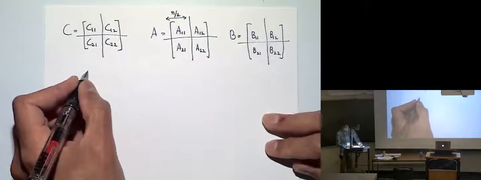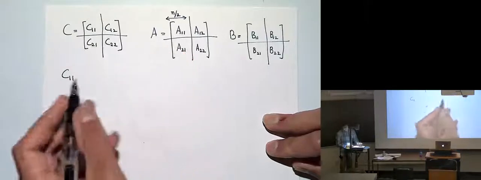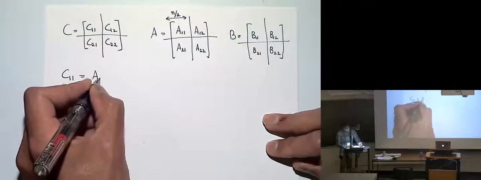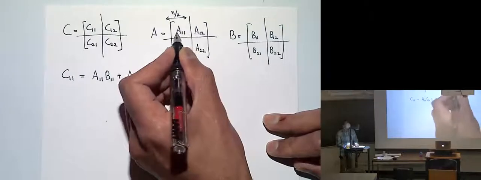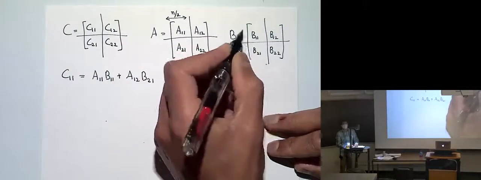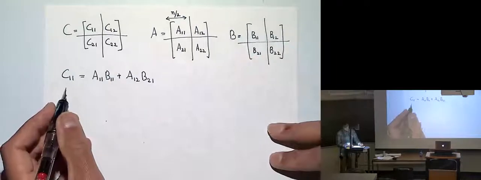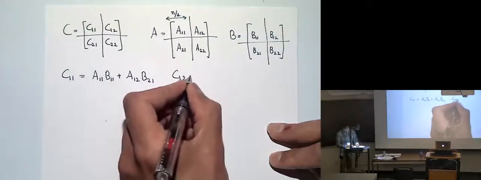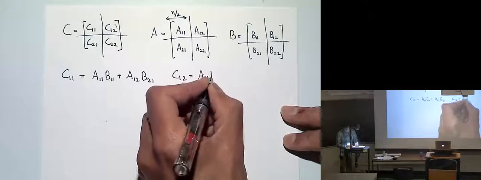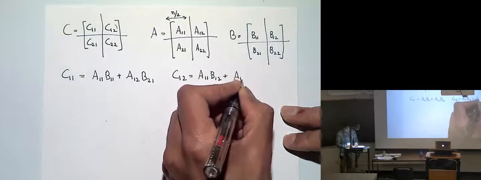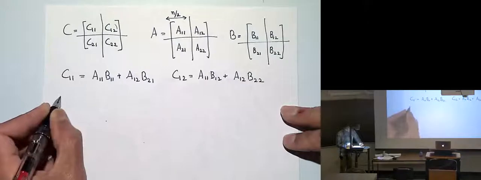And what you get is C11. One way to think of this is C11 is A11 B11 plus A12 B21. You treat this as a row, you treat this as a column, you multiply and add, and you get C11. C12, you multiply this row with this column, so you get A11 B12 plus A12 B22.